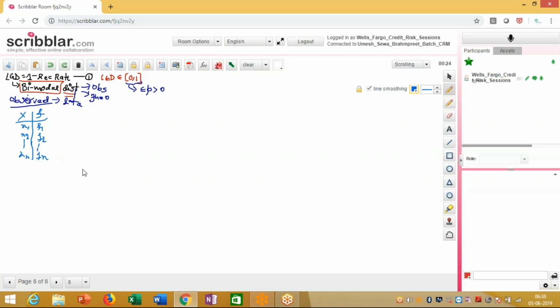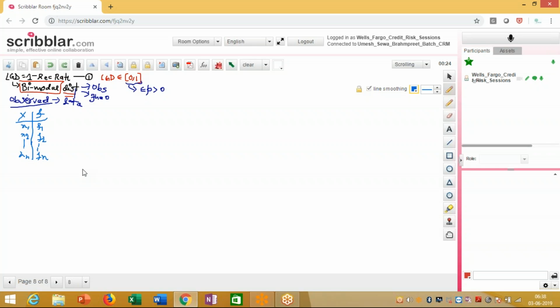So this is nothing but a simple frequency distribution of a variable. You have the value of a variable x and the frequency associated with it.